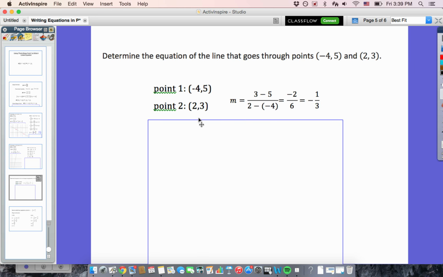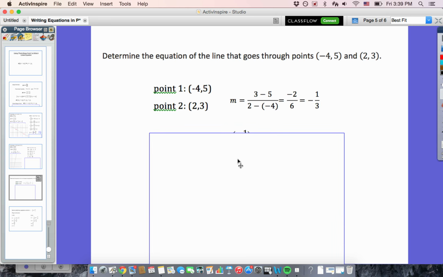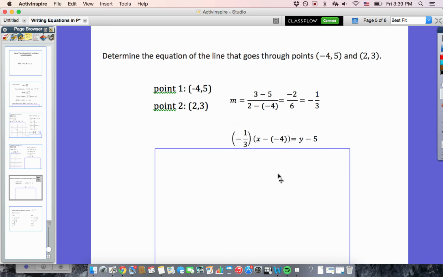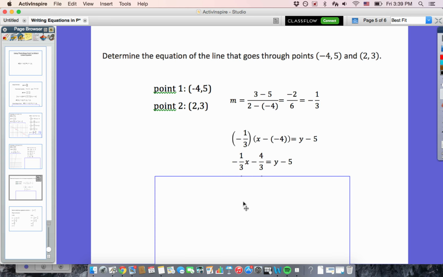I'm just going to stay consistent and use the first point to plug into our point slope form. And we get this: negative 1 over 3 times x minus negative 4 equals y minus positive 5. Then we're going to distribute the negative 1/3. This is kind of tricky here.